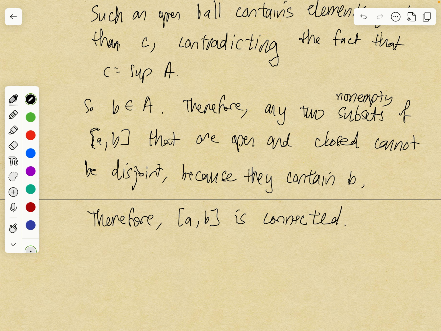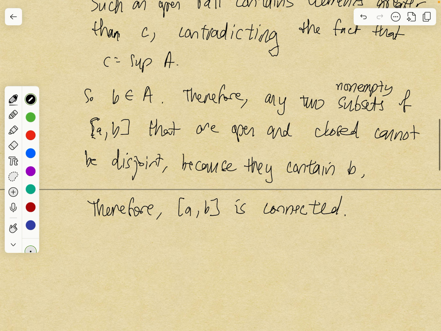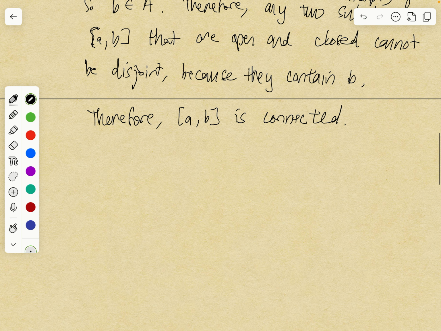Okay, that's the proof. And so, therefore, any closed interval is connected.